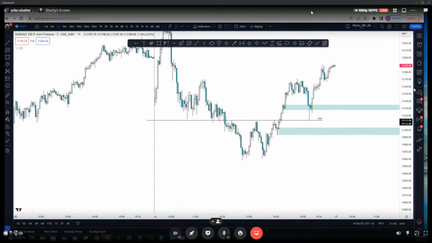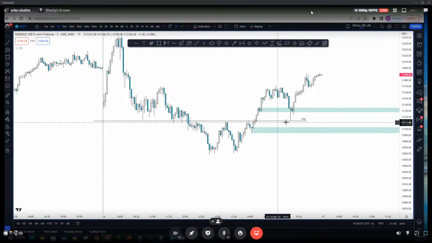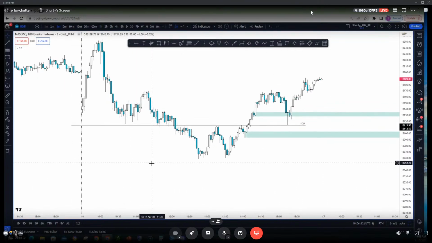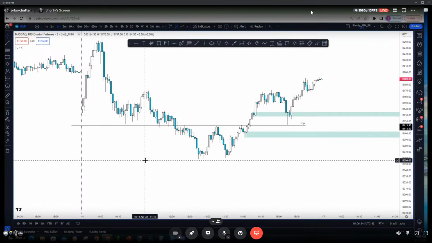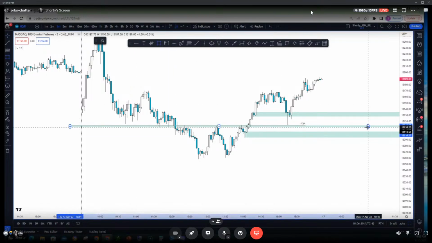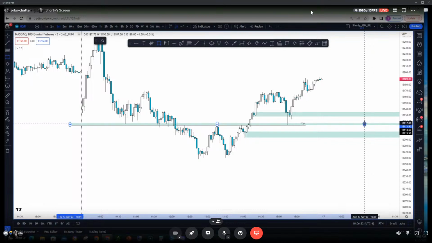if you look at this, what is this line here? This equal highs line, what is this? Change of character. And it's an SR flip. You're going from being a support to resistance.